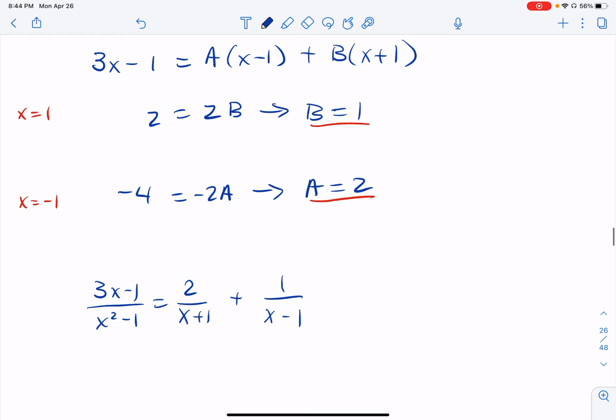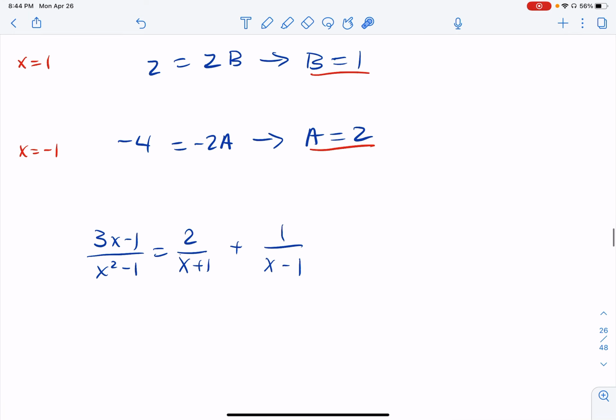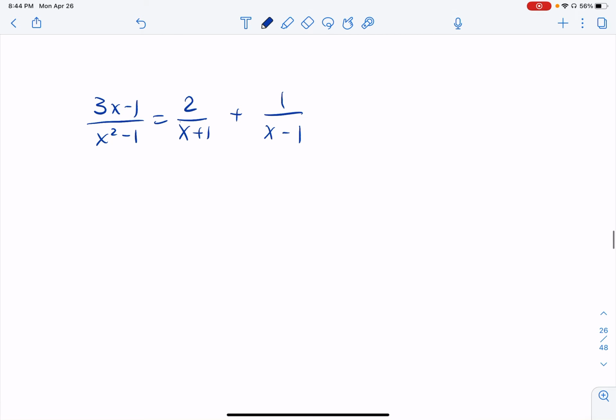All right, so here's how it helped us, because now these do look like something that I can turn into a geometric series, but I just kind of have to rearrange stuff a little bit. So let's do that algebraic manipulation. 2 over, make that a 1, and then minus a negative x there. And then over here, this one has got to be positive, so I'm going to have to fix that.